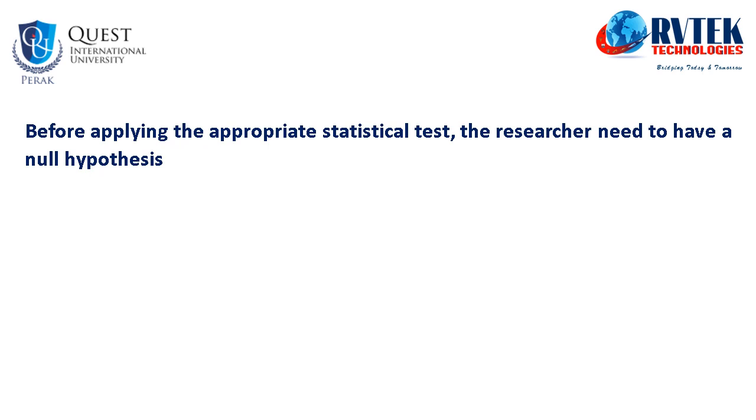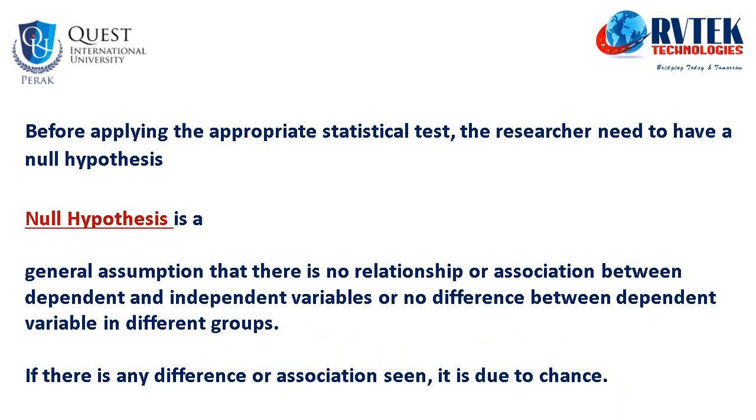Before applying appropriate statistical tests, the researcher needs to have a null hypothesis. You need to understand what a null hypothesis is. Okay. Null hypothesis is a general assumption that there is no relationship or association between dependent and independent variables, or that there is no difference in the dependent variable in different groups of independent variable.